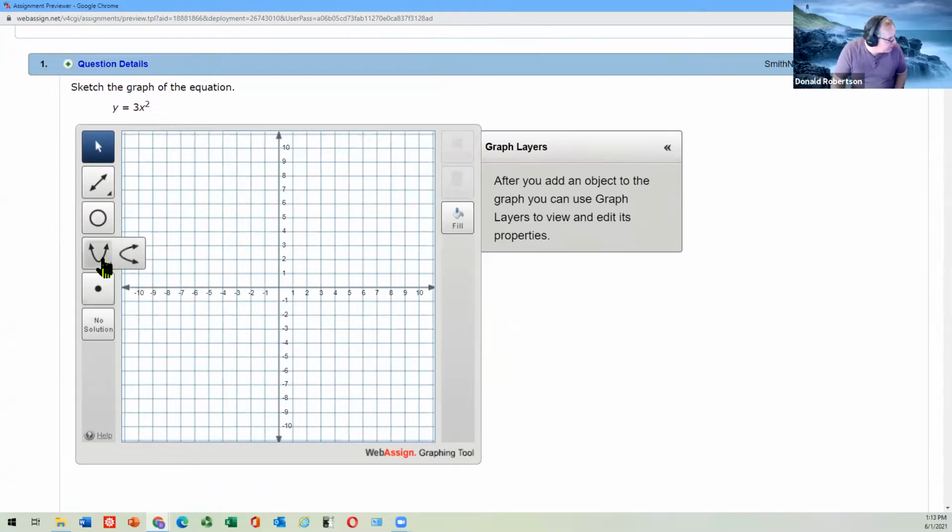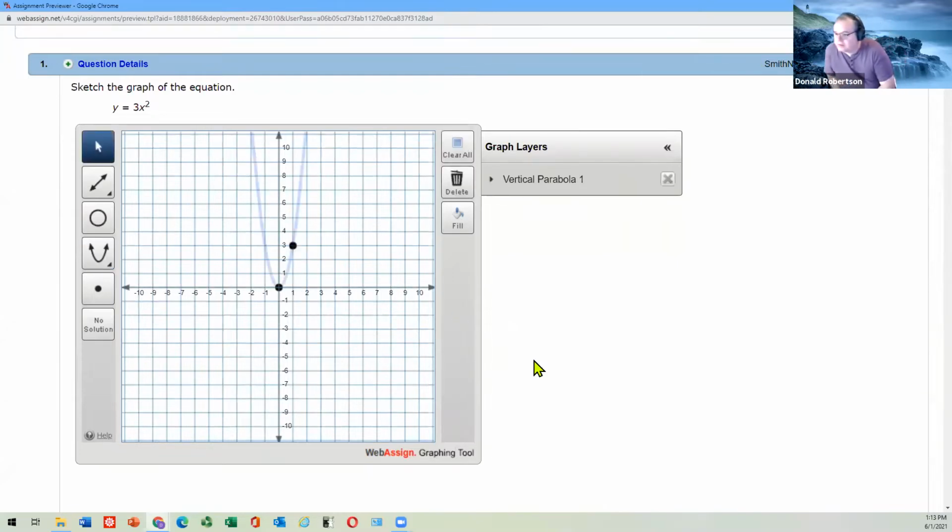Now you click on this one, the first one, and you put a 0, 0 and a 1, 3, and you're done. Is that easy? 0, 0, 1, 3, and it fills in the rest for you. That's pretty cool that WebAssign will do everything else. Because once you've told it those 2 points, it kind of knows what the curve looks like and it fills in the gap.